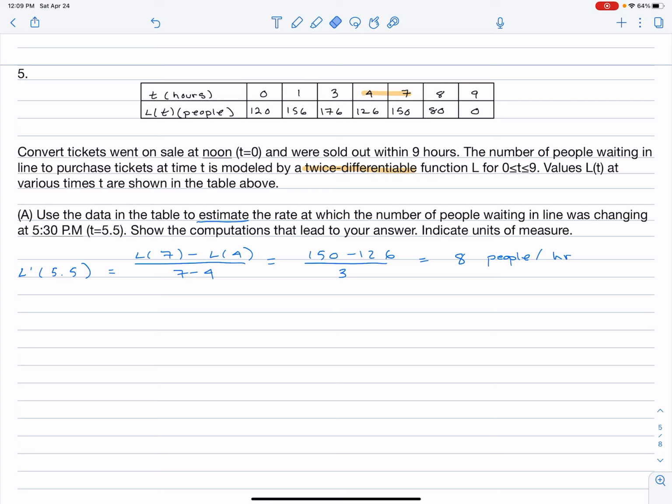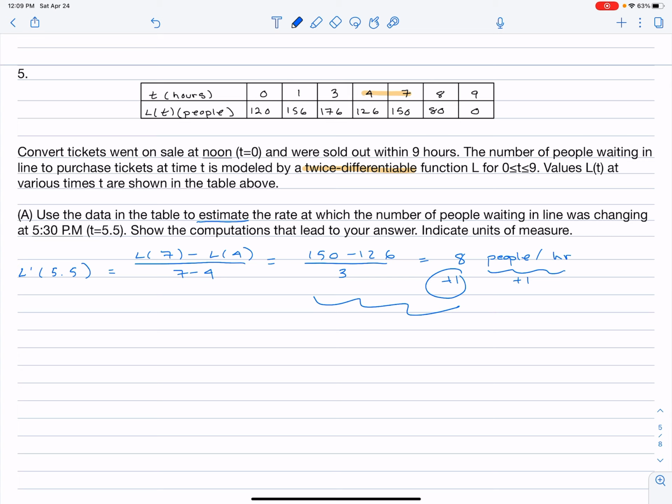Okay? That is the first one. By the way, just a quick note. Notice how they asked you to indicate units of measure. What that probably means is this is probably a 2-point question. So point number 1 would be for your answer, and point number 2 is for people per hour.